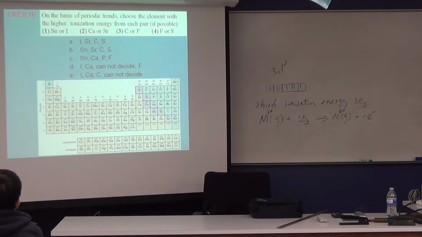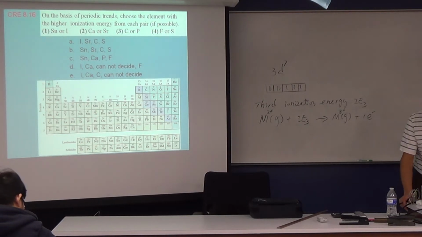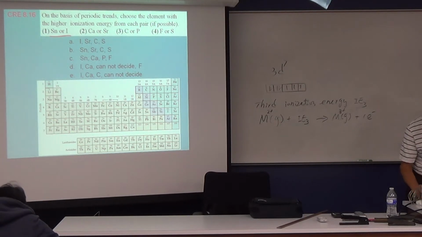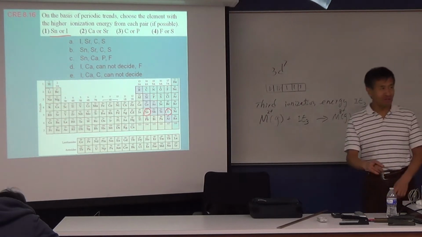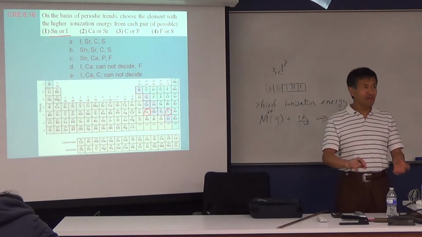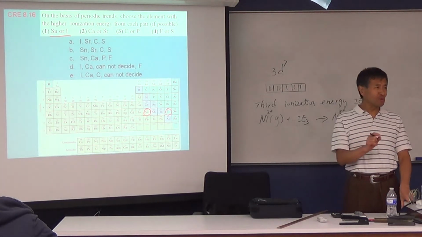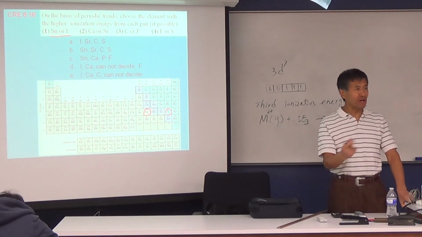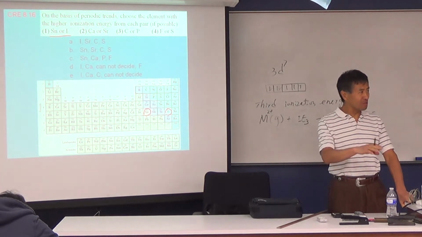Who said it? A. I said yeah, in agreement, D. Let's see if D is right. The first one, compare Sn with I. Sn is here, I is here. As I said before, you don't have to worry about that exception. There are 6 pairs that are not in the usual pattern, meaning going from left to right there's a little drop instead of an increase.